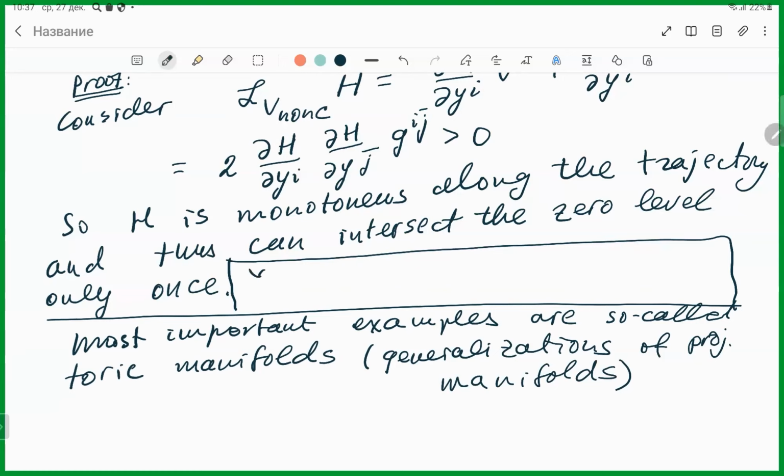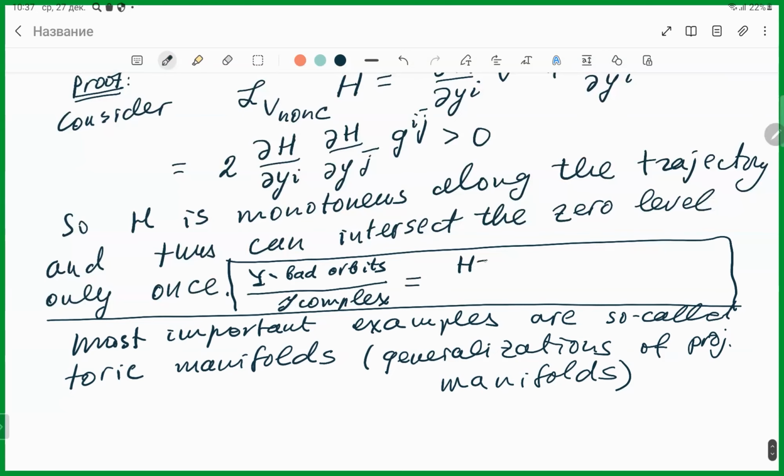You may say that Y minus bad orbits, those that do not intersect, divided by G complex equals H equal to 0 divided by G compact.